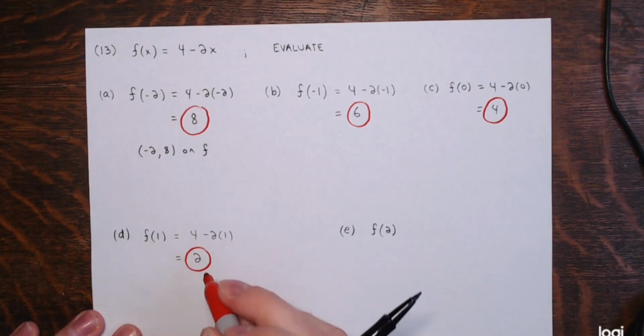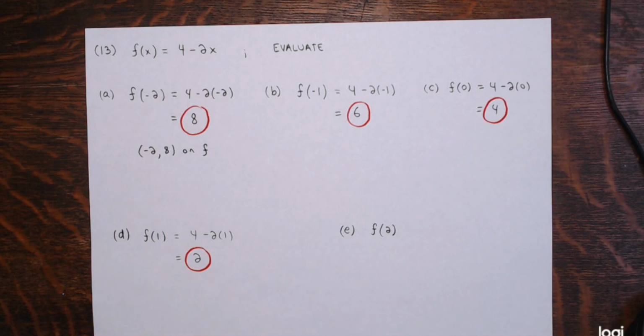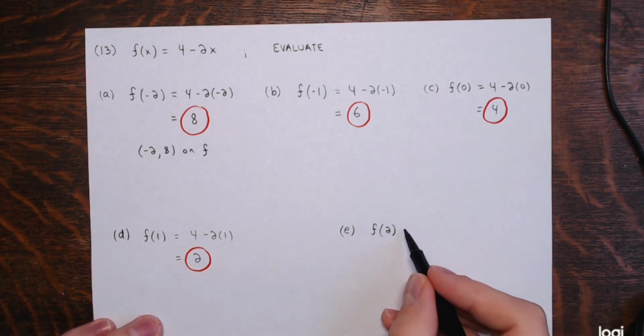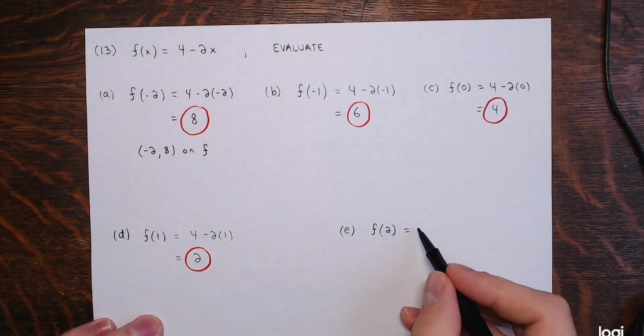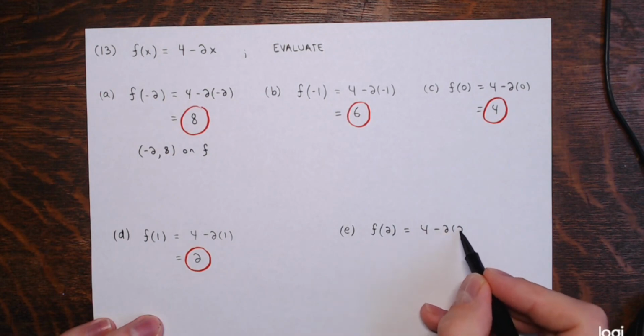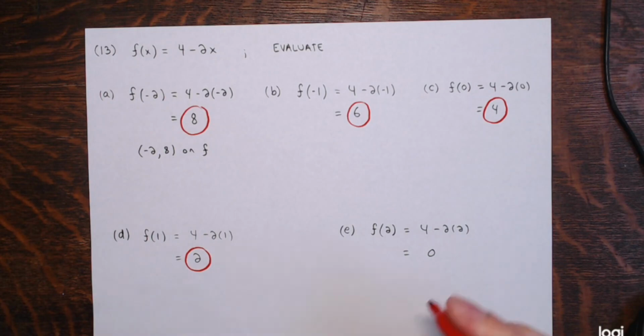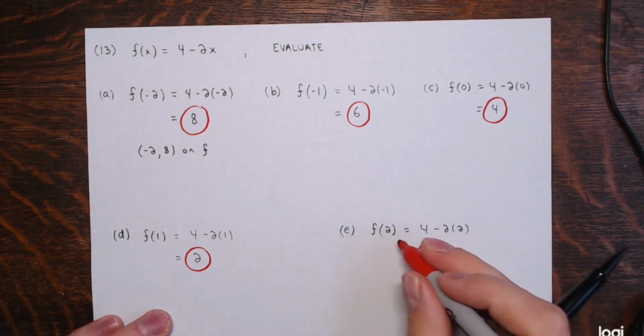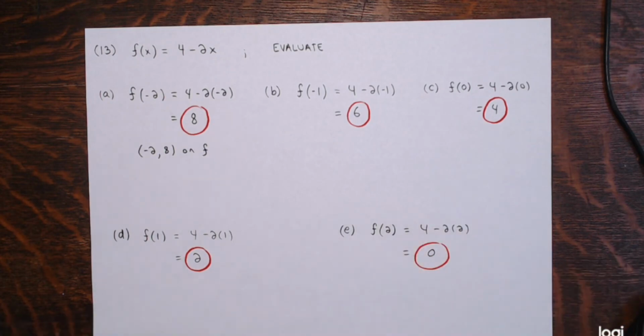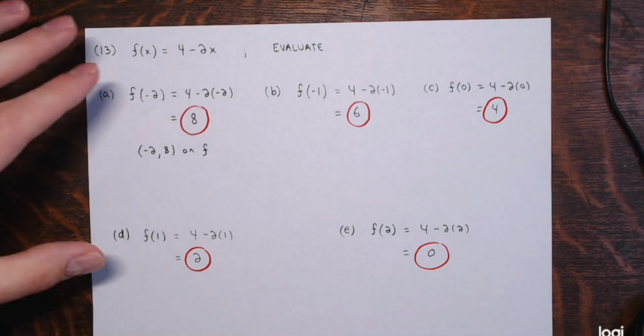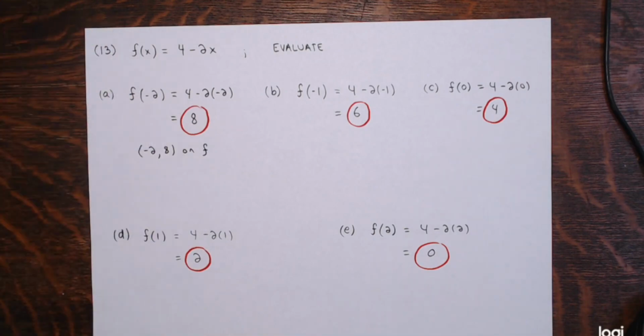The ordered pair 1, 2 would be on the graph. And input 2, what's f of 2? Would be 4 minus 2 times 2. That's 4 minus 4. That's 0. So input 2, output 0. The ordered pair 2, 0 would be on the graph. Again, you can go to Desmos, draw it by hand, see all these ordered pairs showing up, but I'll leave that to you.